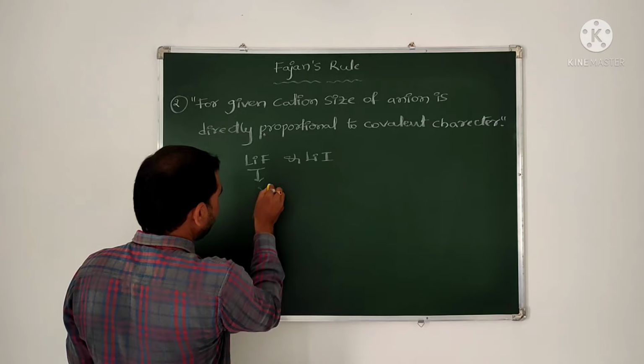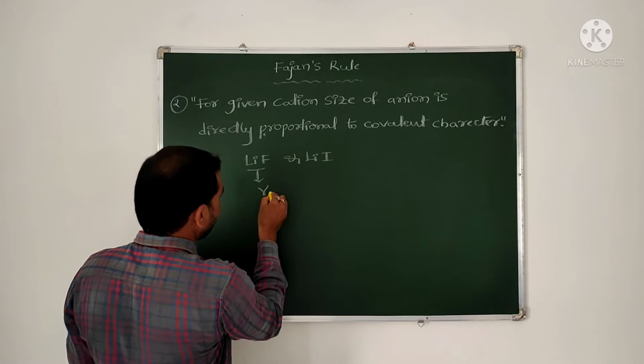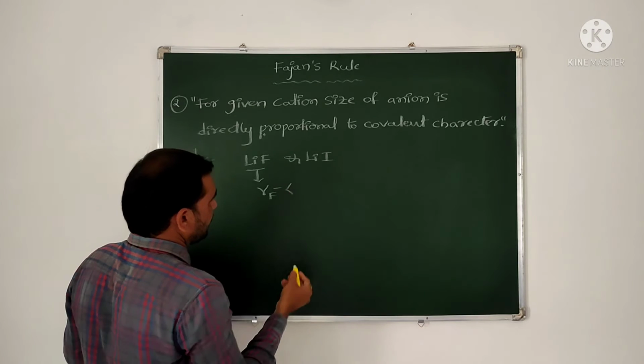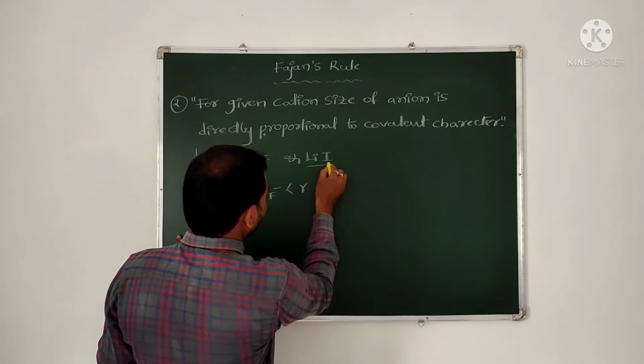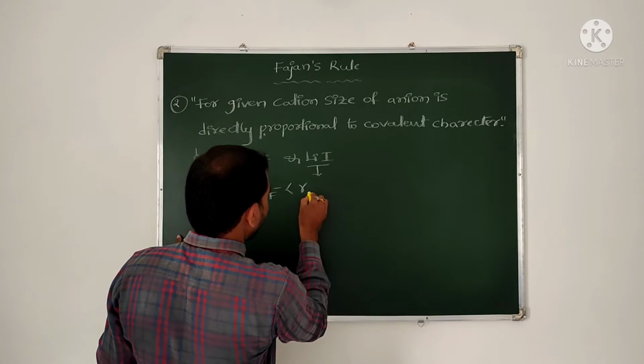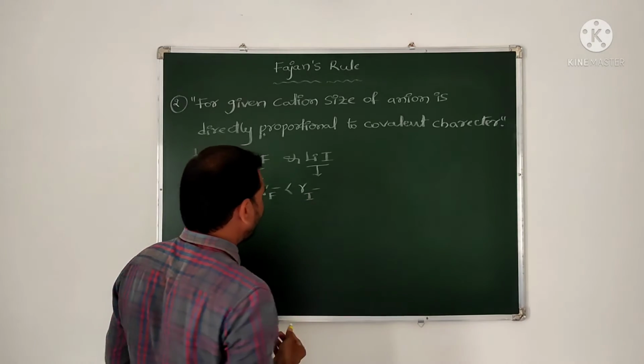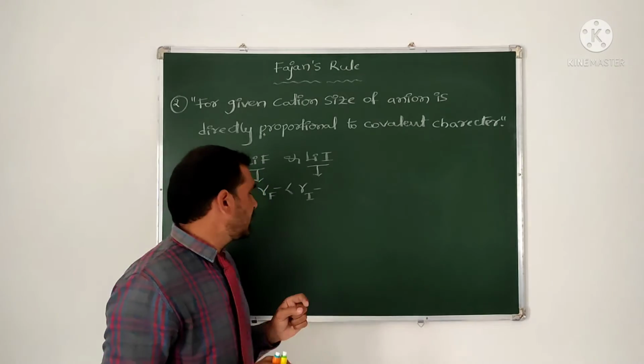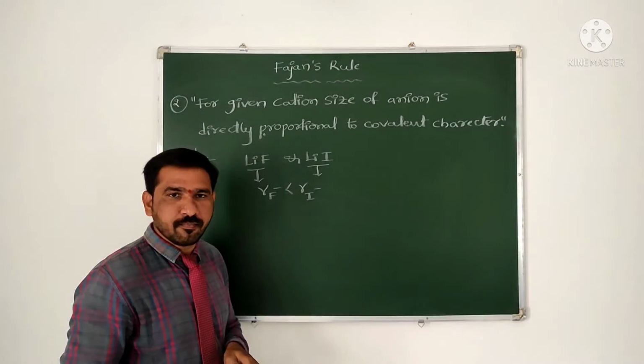In the first compound, the anion is F minus. Therefore, the radius of F minus is less than the radius of I minus. Iodide anion is larger in size than fluoride anion.